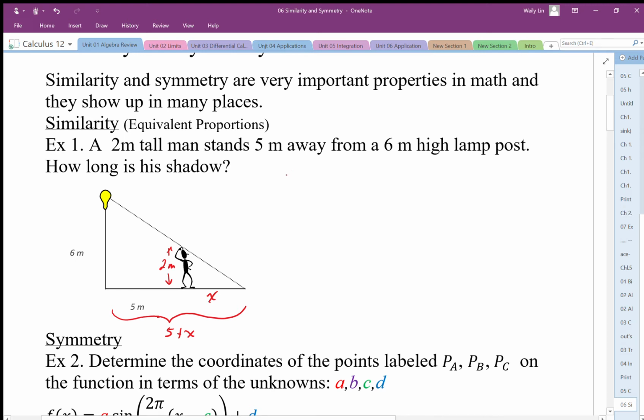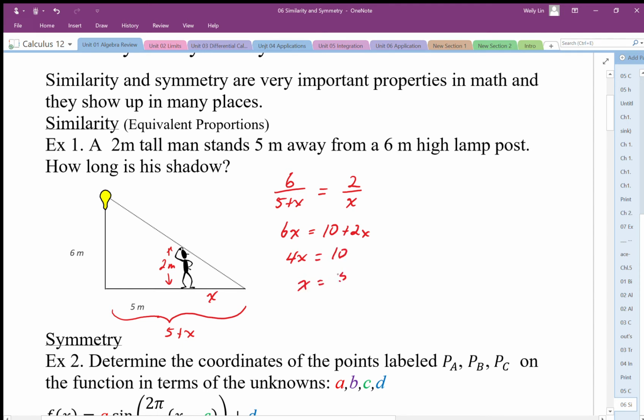So I'm going to set it up as 6 over 5 plus x is equivalent to the vertical side to the horizontal side, or essentially slope. Solving this is quite straightforward. I'm just going to cross multiply, and then we group our x's together and divide to solve.